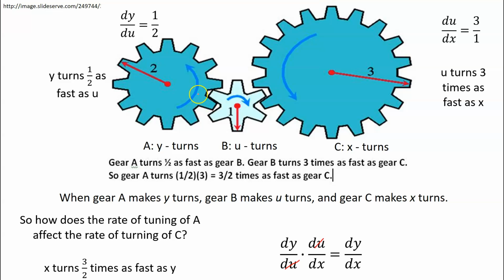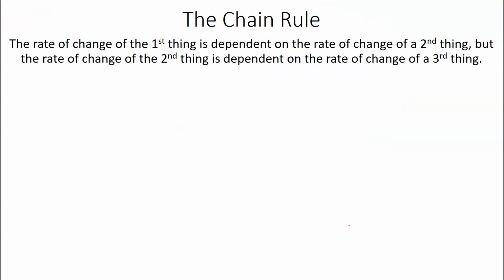So the rate of change here times the rate of change there should give me an overall rate of change. And that's going to be the premise of the chain rule. I'm going to have one rate of change times another rate of change. If there's anything you get out of this slide, remember what I just said. When we use the chain rule, we're going to end up taking one rate of change times another rate of change to give us the overall rate of change.